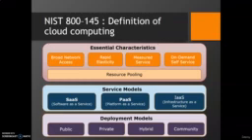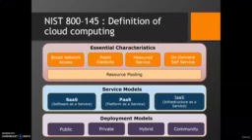It means they can look at the location at the country, state, or data center level. Examples of resources include storage, processing, memory, and network bandwidth.